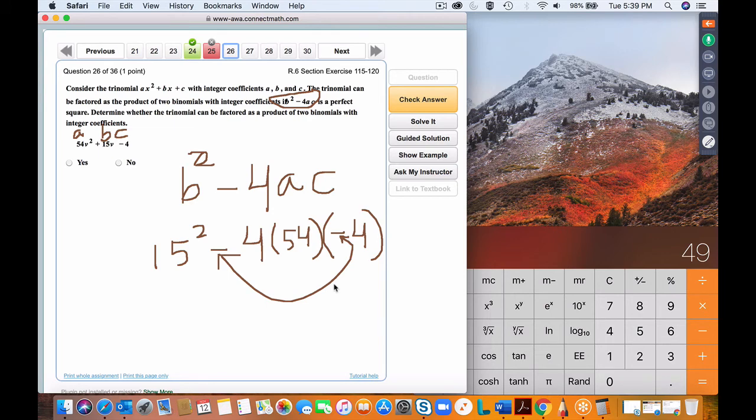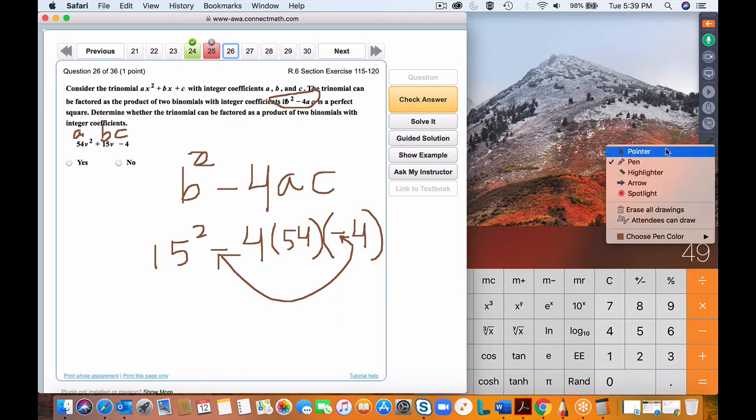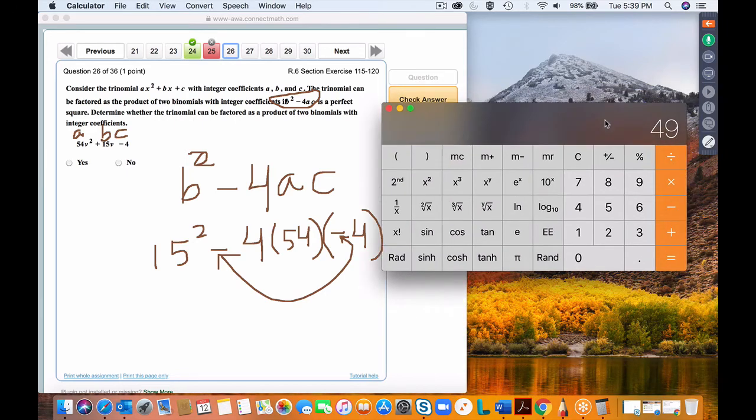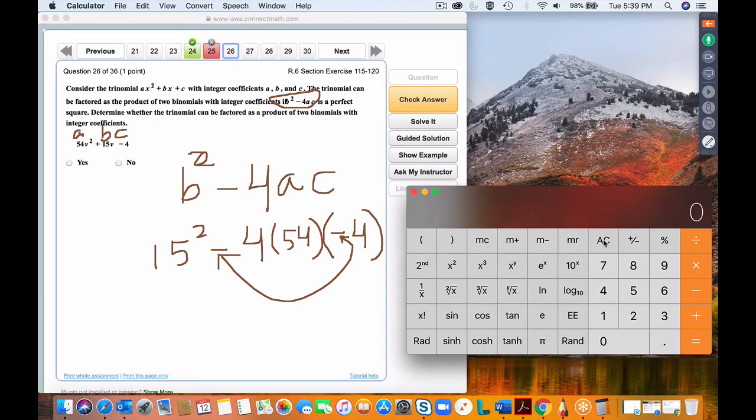Whenever you see double negatives, it means a positive value. That's all we need. Then we use the calculator: 15 squared, minus, open parenthesis, 4 times 54 times 4, close parenthesis, and then equal.